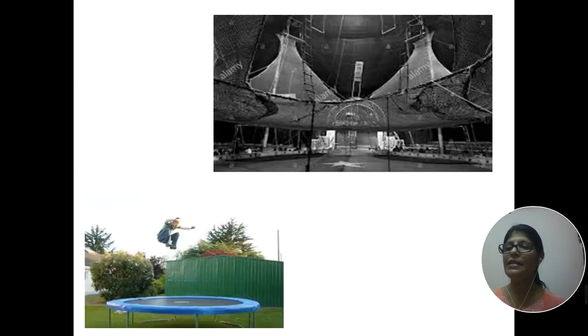Now here you can see a net, which is usually seen in a circus during the play of the acrobat. Usually the acrobat, after the completion of his play, either jumps or sometimes falls onto the net. Because of the resiliency of the net, the acrobat doesn't get injured. Why? Because the net is resilient. What does this resilience mean?